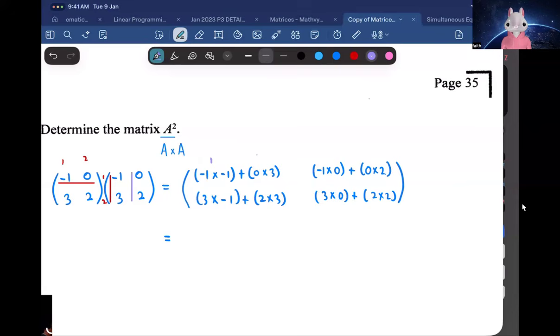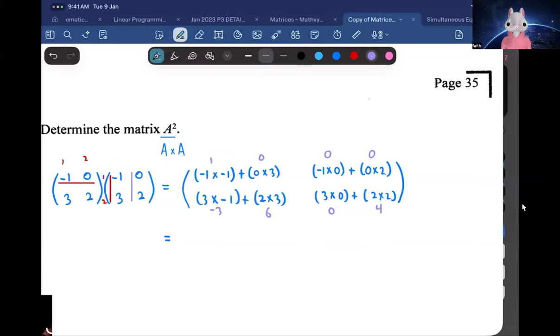Right. 0 by 3 is 0. -1 by 0 is 0. 0 by 2 is 0. 3 by -1 is -3. 2 by 3 is 6. 3 by 0 is 0. 2 by 2 is 4.